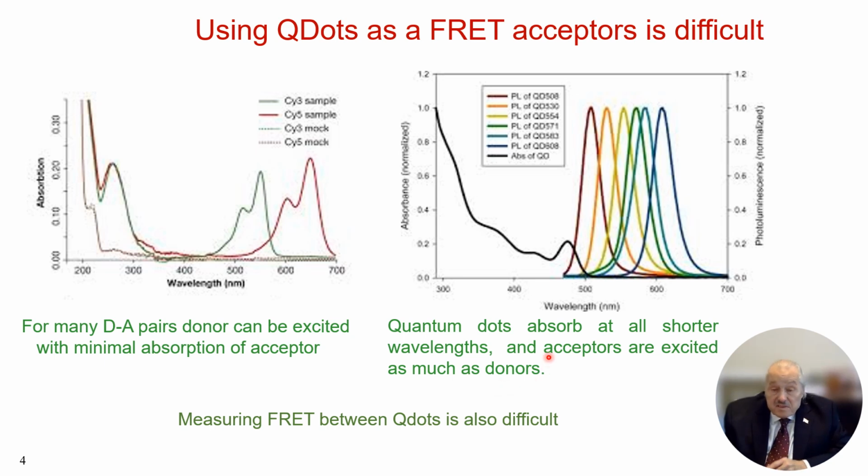So you have the situation we discussed in the previous lecture, that you have to account for the directly excited acceptor emission as well as the acceptor emission that is due to resonance energy transfer.